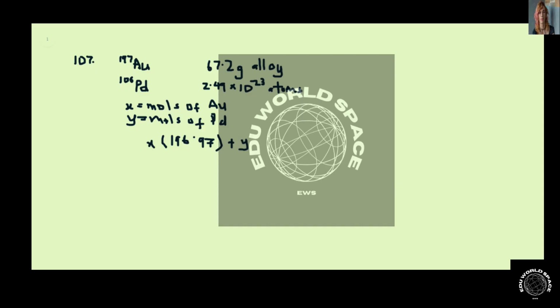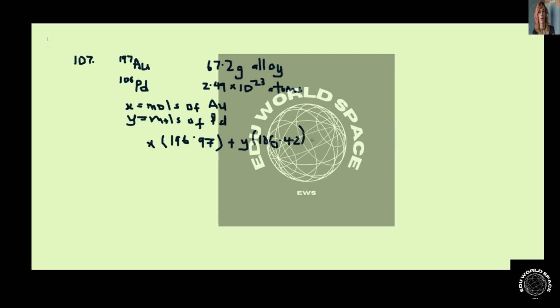And the mass of the palladium is going to be the moles of palladium times the molar mass, which is 106.42. So I'm using the exact molar mass that's been recorded in the periodic table.